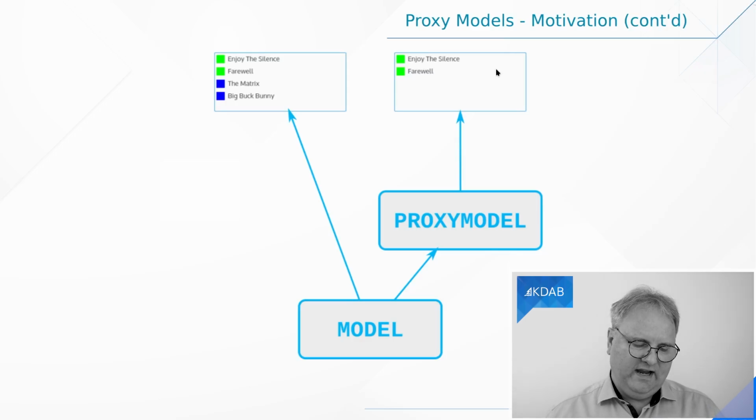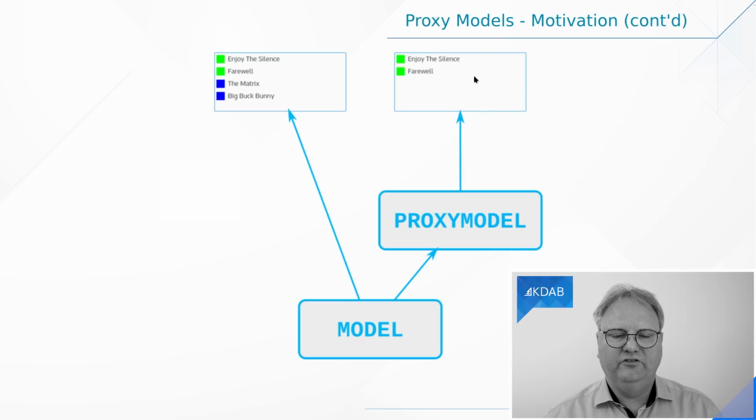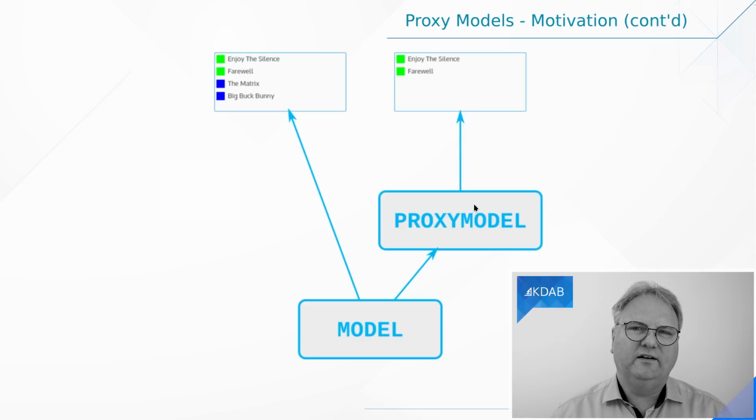And when a dataChanged comes in here, it shouldn't just send a dataChanged up there. It should consider what does that mean to my data and then possibly emit a dataChanged to the view above or a rowsInserted or whatever the proxy model is about.